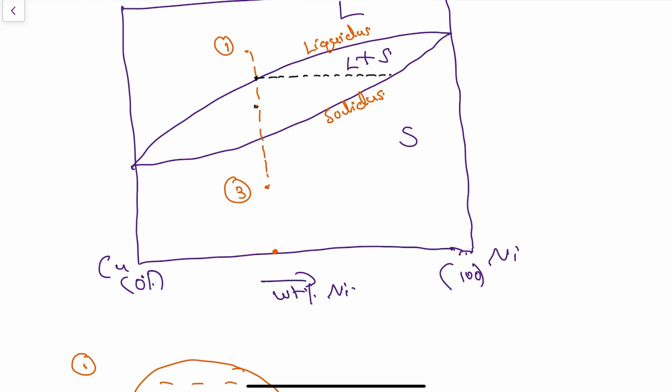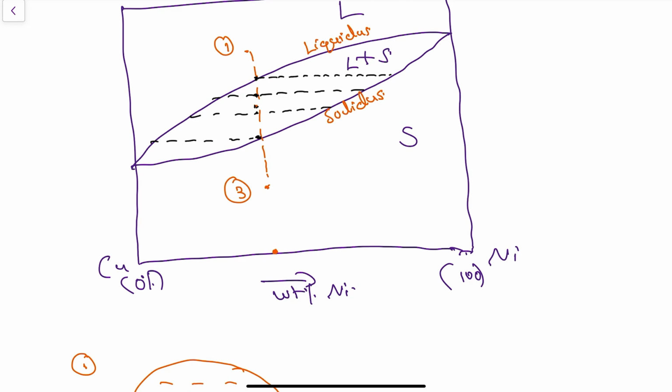You select another point and draw another tie line, and finally, when it touches the solidus line, we draw the tie line here. Based upon these tie lines, we can find the composition of the various phases present and also the relative amounts of the phases.